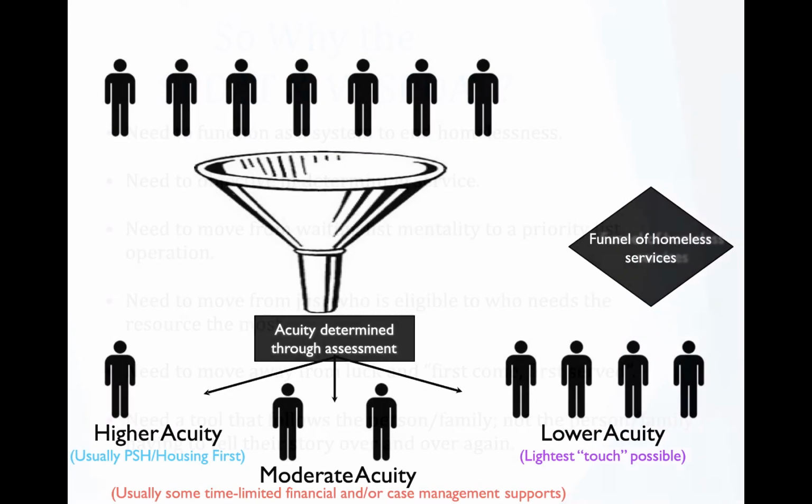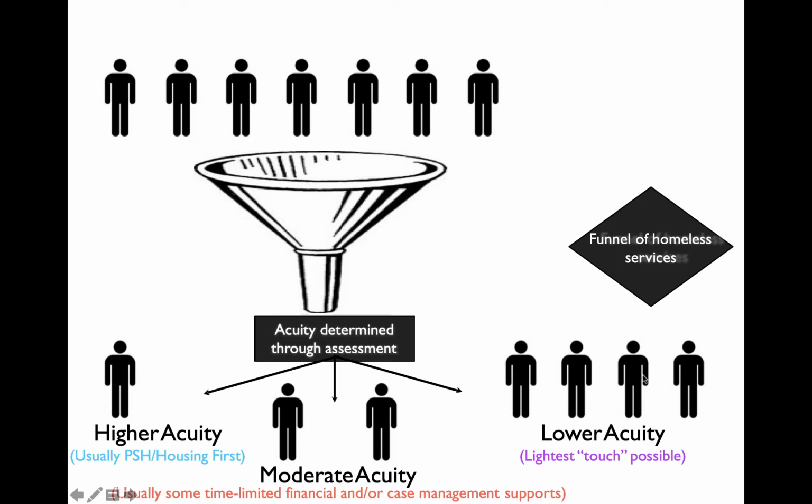This is kind of like a funnel of homeless services. You see all the people at the top. All of these people are going to be funneled through an assessment, given an acuity, and then determined through that assessment if they're higher acuity, like permanent supportive housing, moderate acuity, or lower acuity.